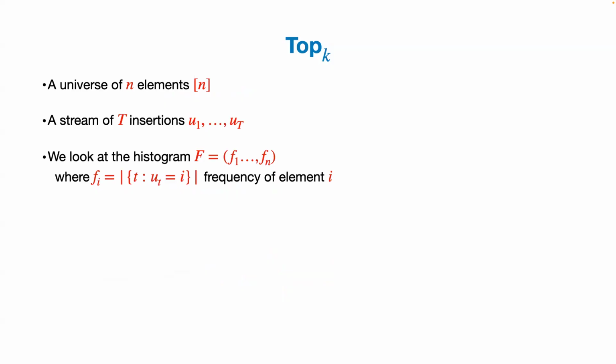So the problem that we want to consider here is that we have a universe of n elements. At each one of the time steps, we have one insertion for each one of the updates, and we care about the frequency vector of these elements. So Fi is the number of insertions that we've had so far for the i-th element.